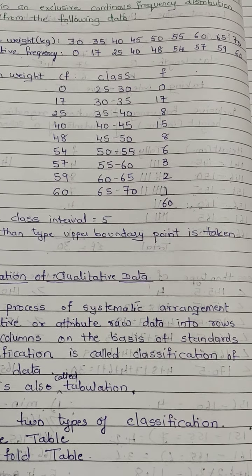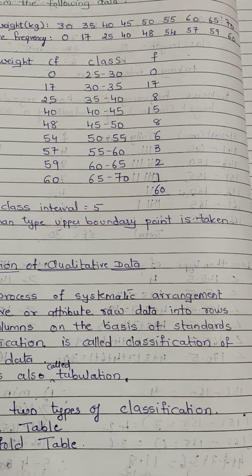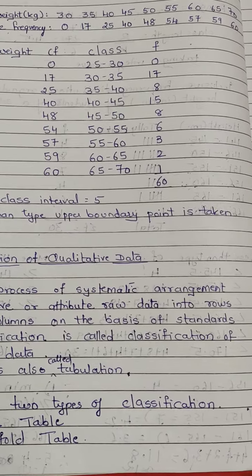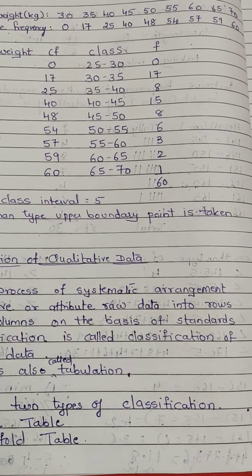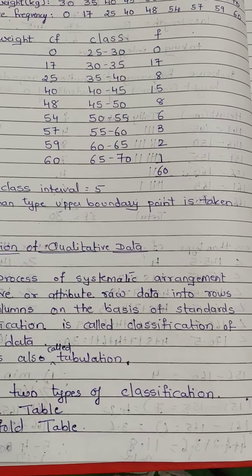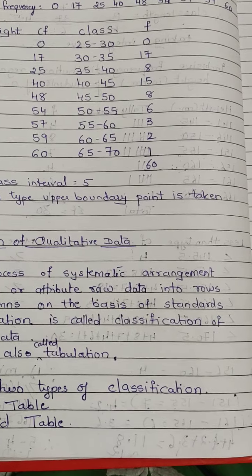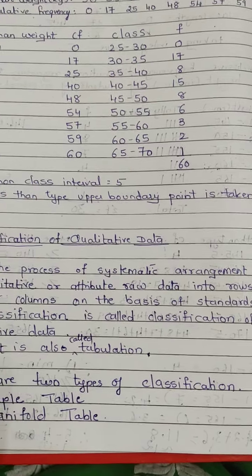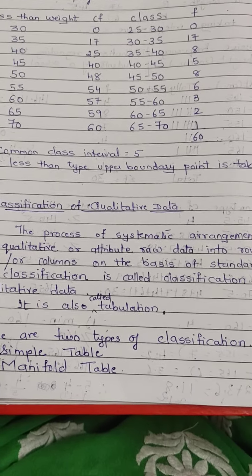An attribute is the characteristic of the unit which cannot be measured in number and presented in number. It is some qualitative data, and such qualitative data we are going to classify into tabulation. So, classification of qualitative data.